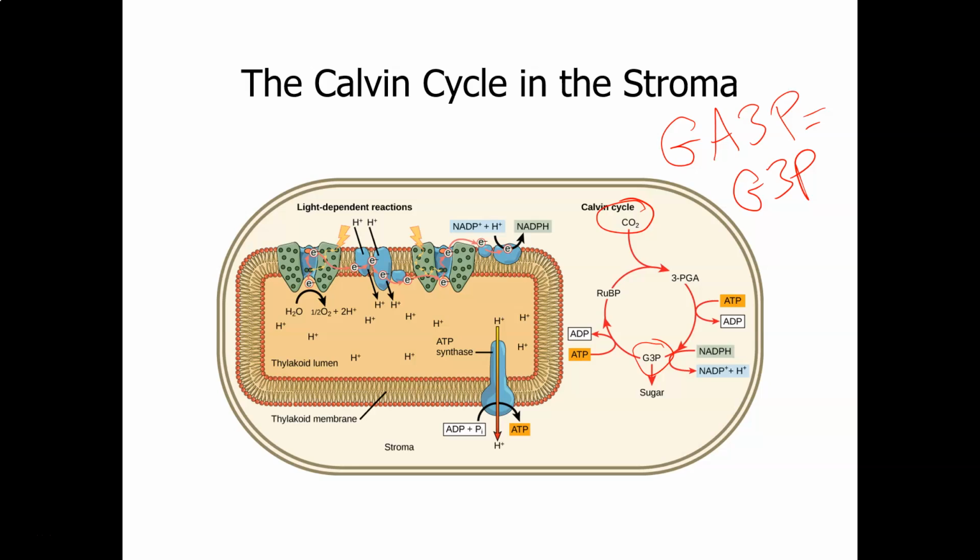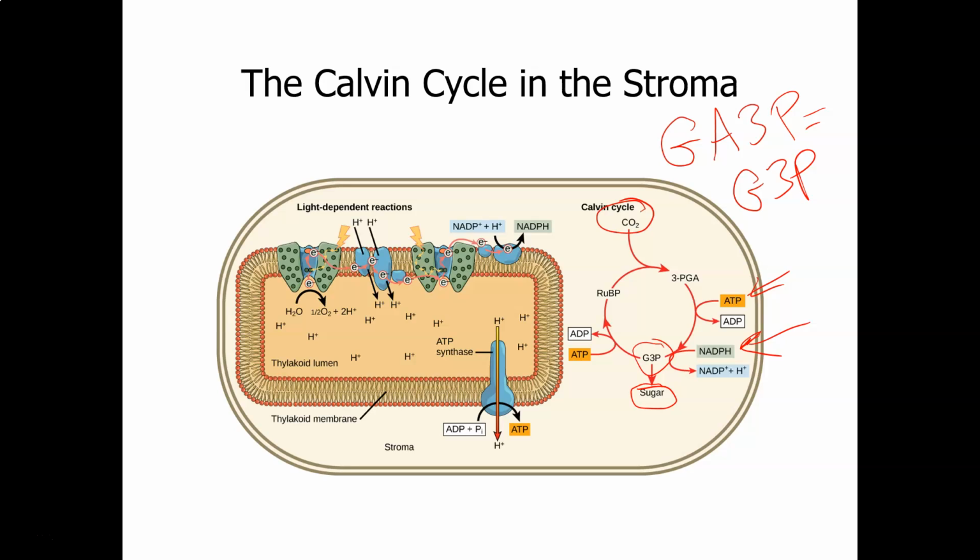Notice that during the Calvin cycle, carbon dioxide is used to produce G3P, which can then be used to produce sugar. G3P is a molecule that contains 3 carbon atoms. So 3 carbon dioxides are needed to produce 1 G3P. And during this process, ATP and NADPH are used as the energy source to produce the G3P and the sugar.